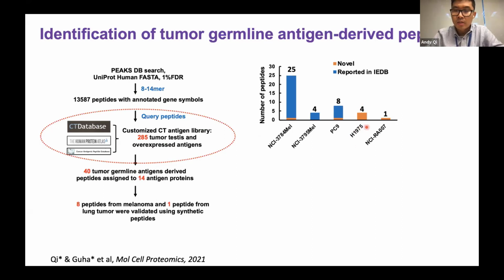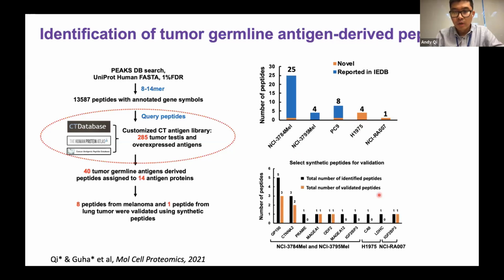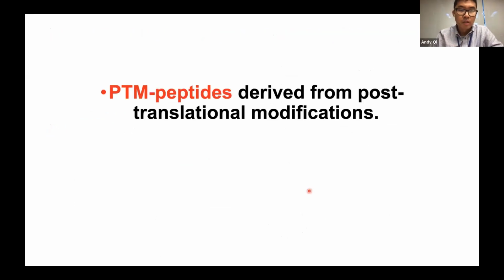I want to highlight that one particular peptide was identified in the lung cancer cell line, which hasn't been reported and shows really great efficacy in lung cancer. We also used synthetic peptides to validate some of the peptides. There were just too many, so we didn't validate every one.